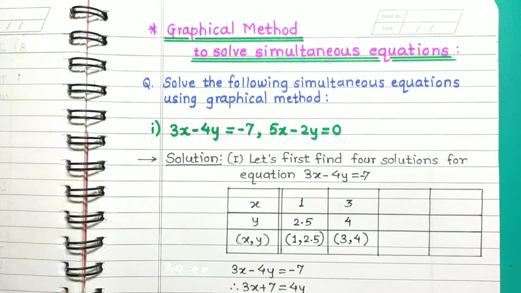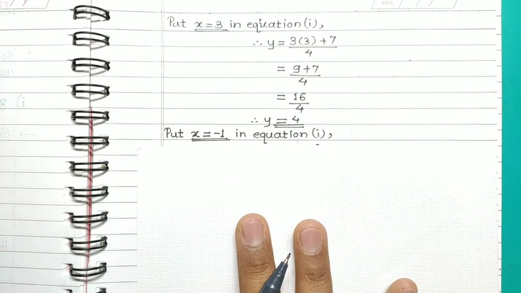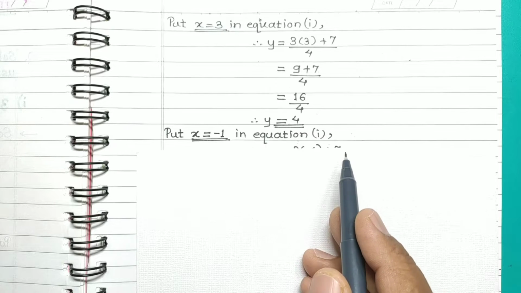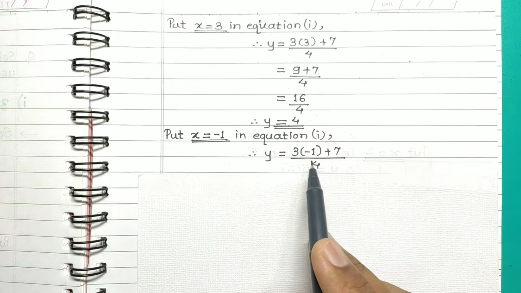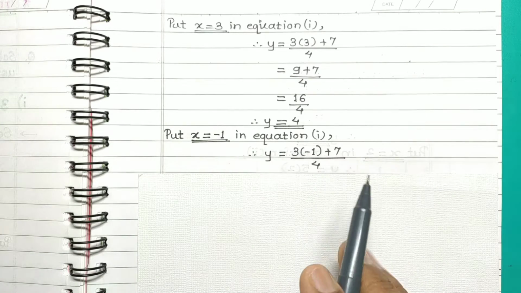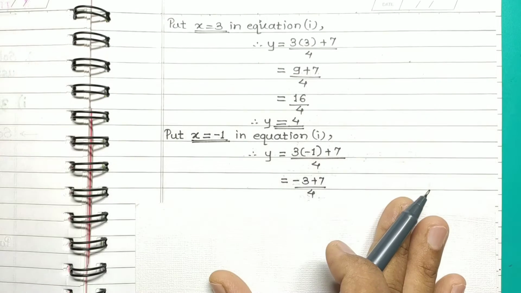Then for x is equal to minus 1, see, put x is equal to minus 1 in equation 1. So we have y is equal to (3 into minus 1 plus 7) upon 4. So this is (minus 3 plus 7) upon 4.